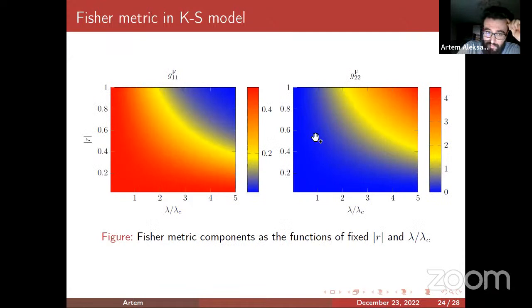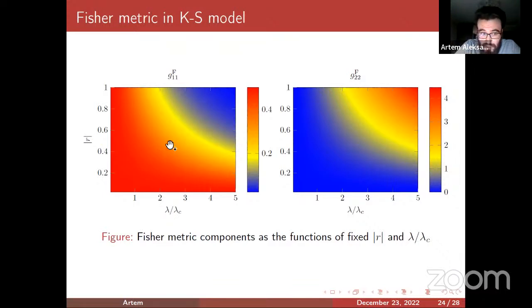Also, we can plot the Fisher metric components as functions of the ratio of coupling constants for a given fixed value of the parameter. And you can see that in synchronized states, the behavior of the Fisher metric components changes.